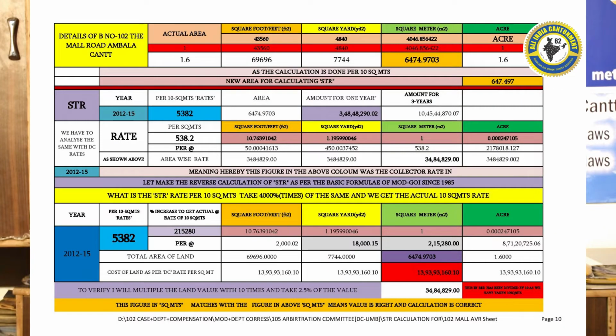Now friends, we come in 2012-2015, the jump is more than 300,000%. The STR becomes 5,382 rupees per 10 square meter.